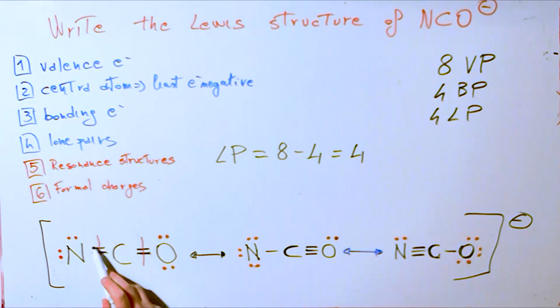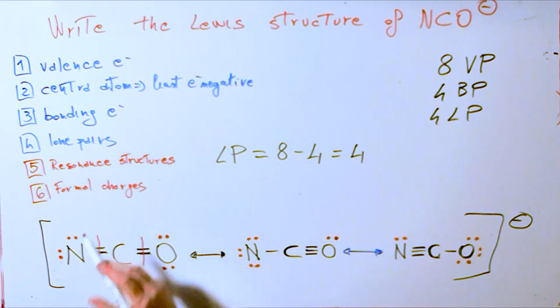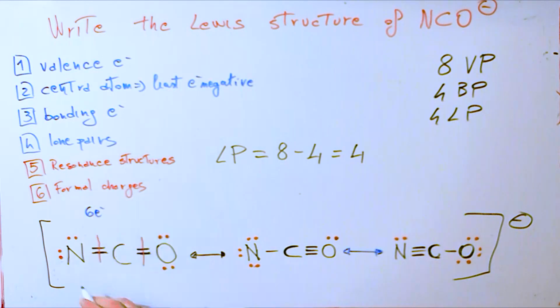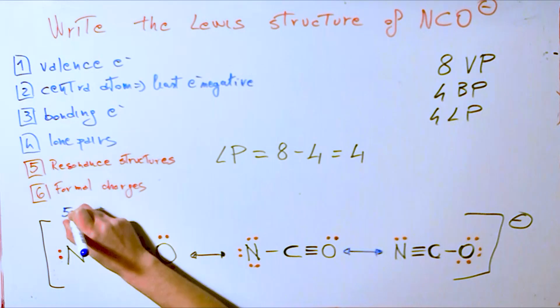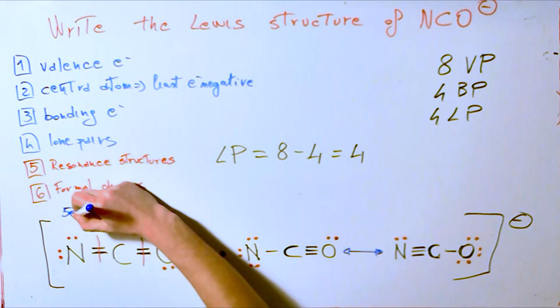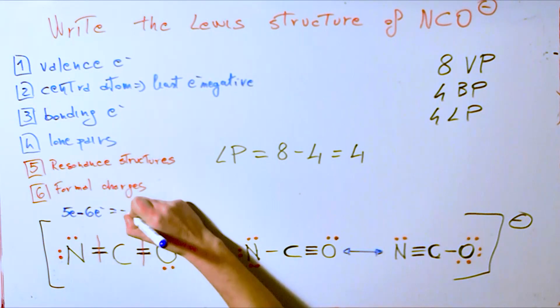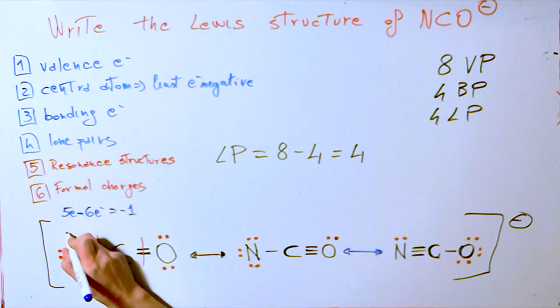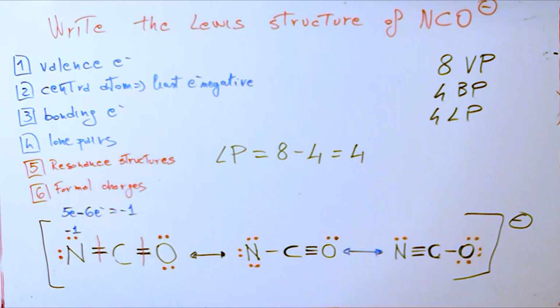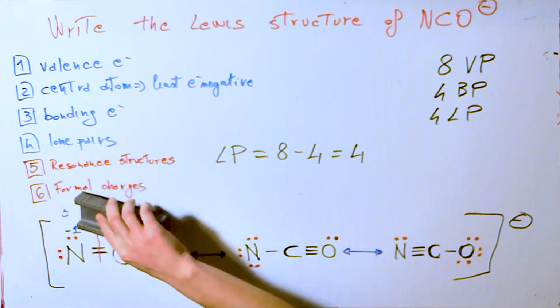So it's 2 electrons from this double bond in half. So 2 plus 4 is 6 electrons. But nitrogen has 5 valence electrons. So 5 minus 6 equals minus 1, which means that in this structure nitrogen has acquired a negative charge, which is the formal charge of nitrogen. So let's write minus 1 above our nitrogen.